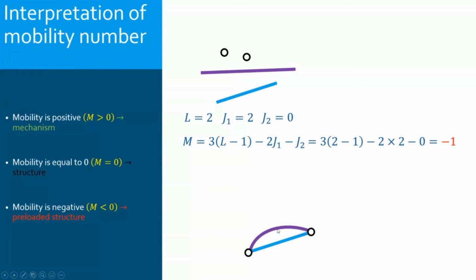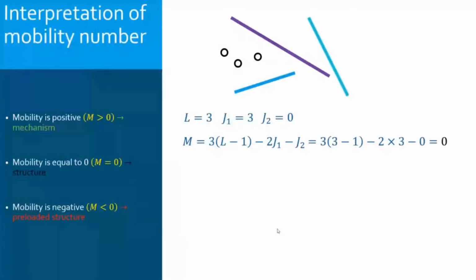Now let's move on. I will add one bar and one pin joint. Now the number of links is 3 and I will have 3 pin joints, so J1 is 3. Still I'm not using cams and gears, so J2 will be 0.